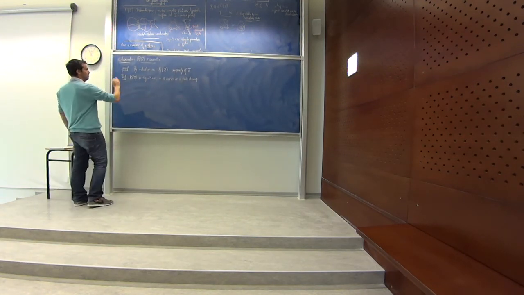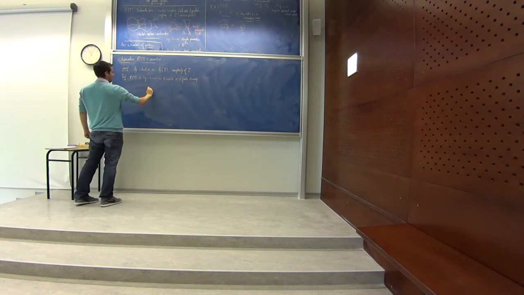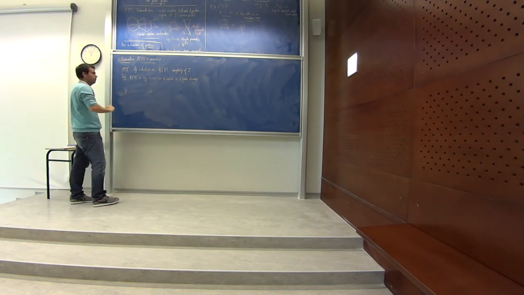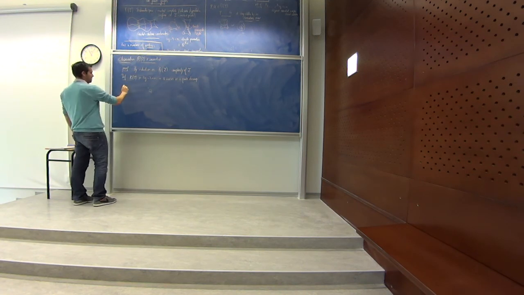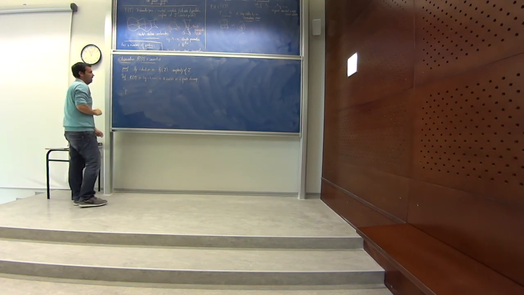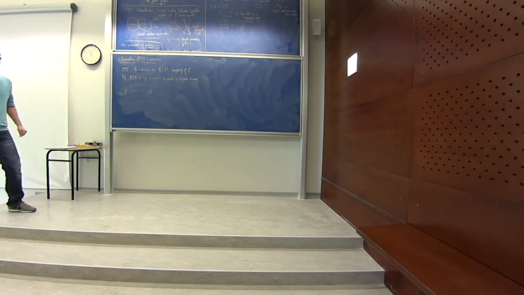Okay, so how am I going to prove this? So I have now P, and I want to get to some Q, and they both lie in a pants decomposition. I want to find a path. How do I find a path that goes from P to Q in the pants graph?